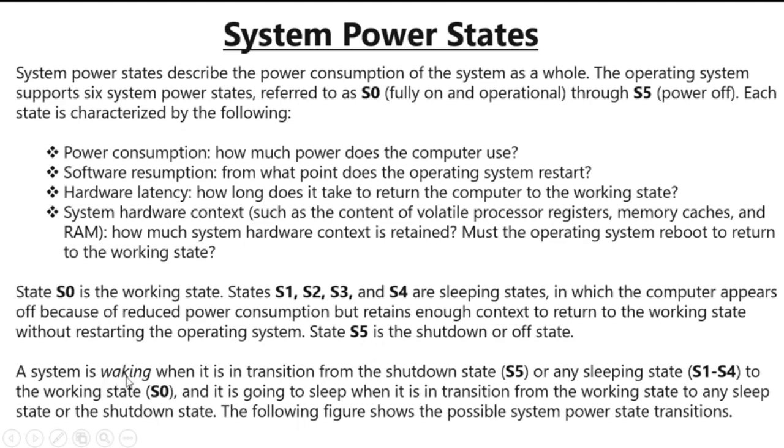A system is waking when it is in transition from the shutdown state S5 or any sleeping state from S1 to S4 to the working state S0. And it is going to sleep when it is in transition from the working state to any sleep state or the shutdown state. The following figure shows the possible system power state transitions.